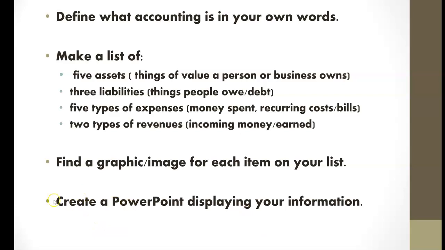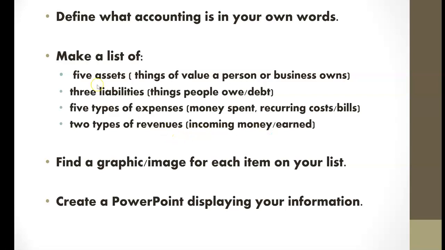A business is always going to own something, and those are called assets. They're always going to owe somebody. That's going to be called a debt or a liability. Businesses always spend money on bills and have different costs to keep the business running. Those are called expenses. And then they also have money coming in because that's the reason why they went into business. That is called revenue.